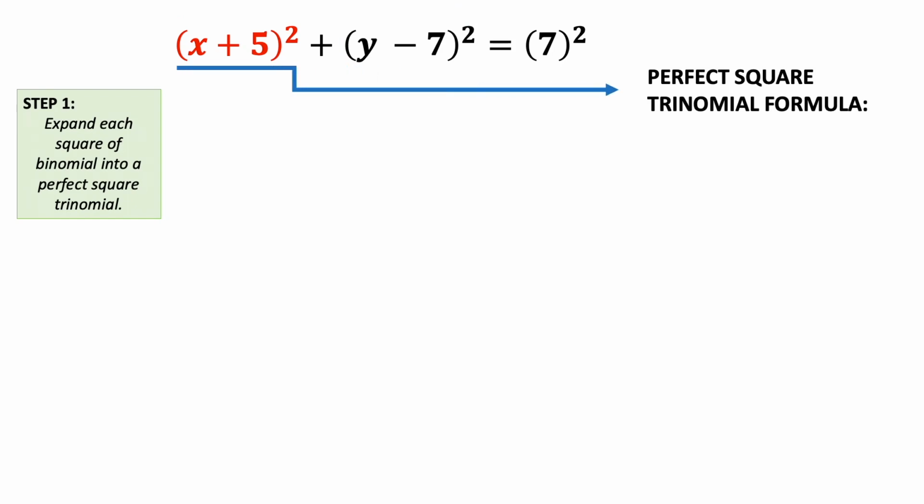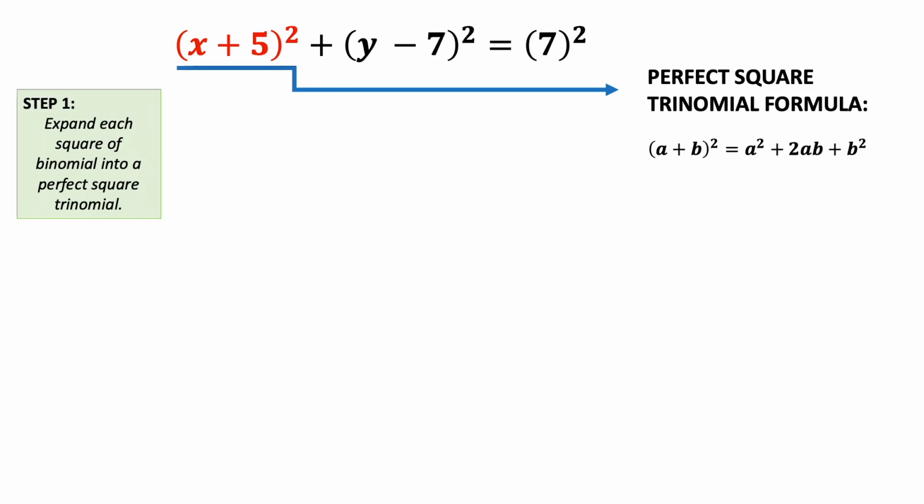The formula says that if the square of a binomial is of the form quantity a plus b squared, then it can be expanded using the formula a squared plus 2ab plus b squared, where a is the value of the first term of the square of binomial, while b is its second term.